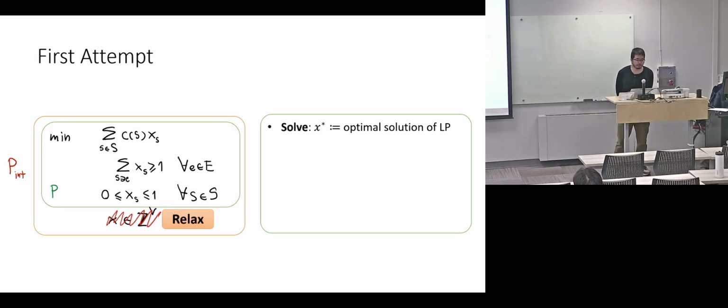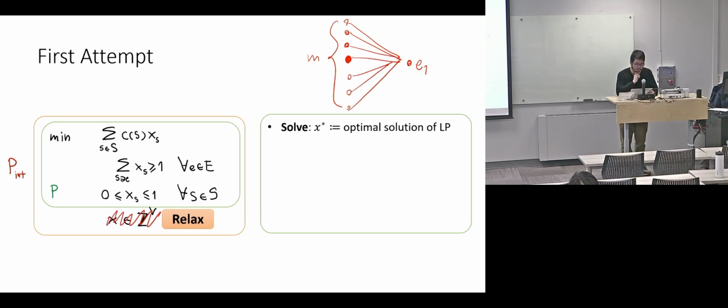That would not be good because, for example, if there is one element E1 and there are m sets that all cover it, it could be that each x_S equals 1/m.